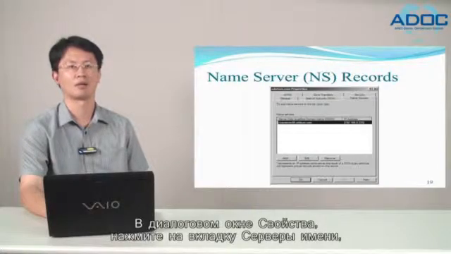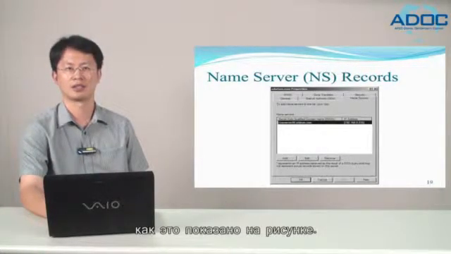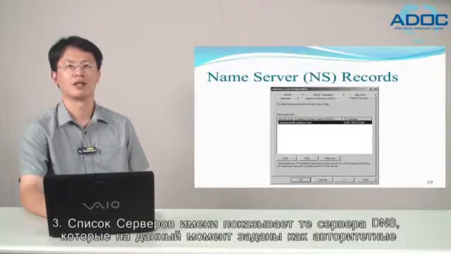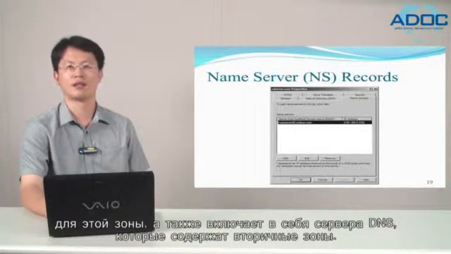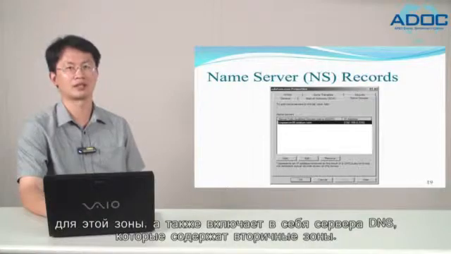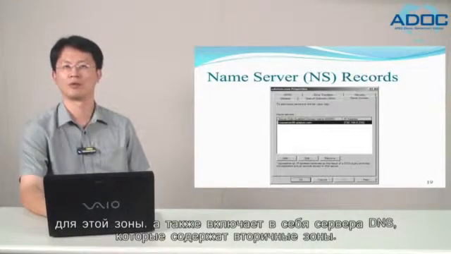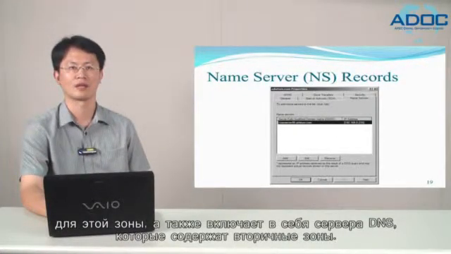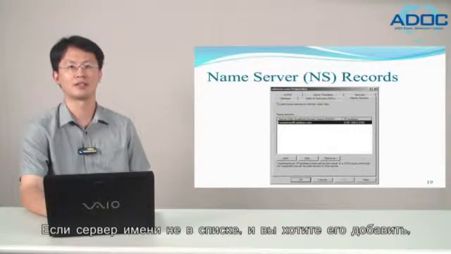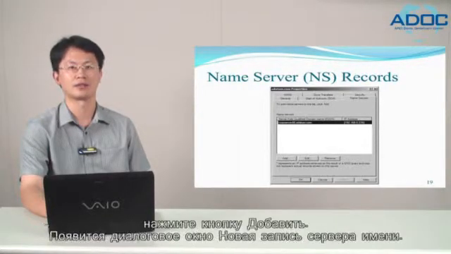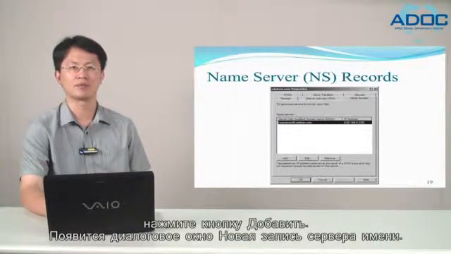In the Properties dialog box, click the Name Servers tab as shown in the figure. Third, the name servers list shows the DNS servers currently configured to be authoritative for the zone and includes DNS servers that host secondary zones. If a name server isn't listed and you want to add it, click Add. This displays the New Name Server Record dialog box.